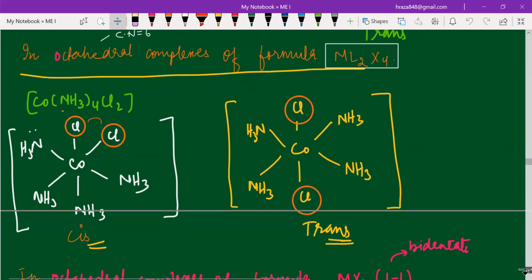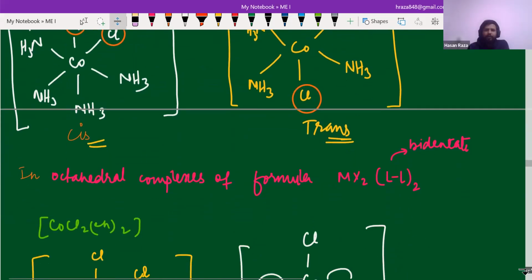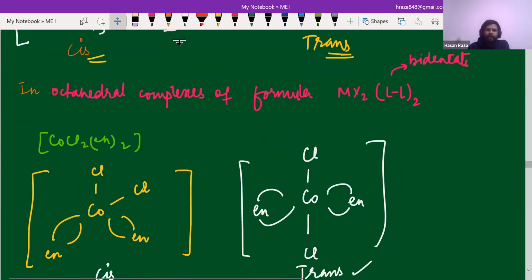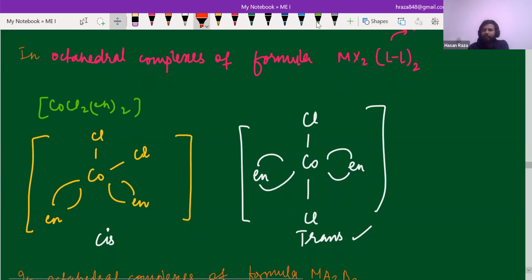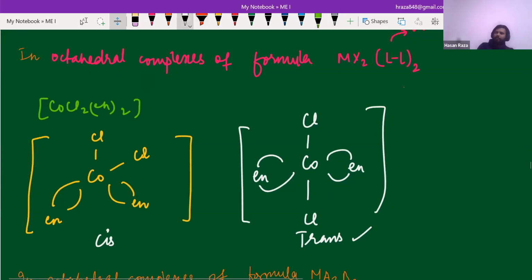Okay. Now see the next possible case: octahedral complexes of the formula MX2L. One of the ligands is bidentate, and it is taken twice, that means 4 coordination comes from there. And the other is unidentate.